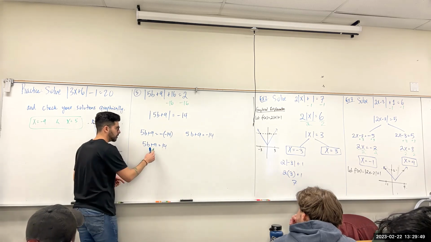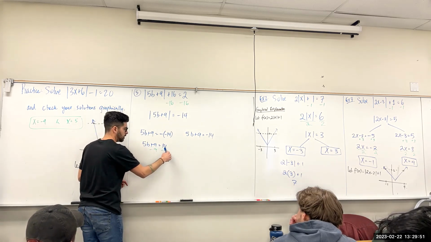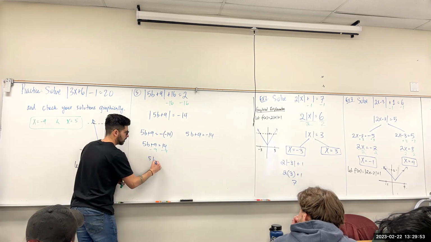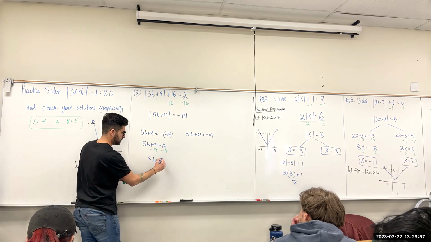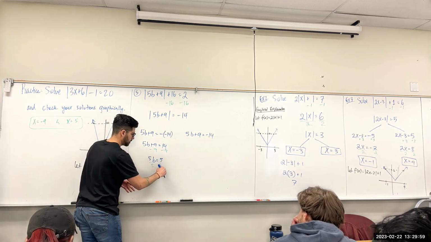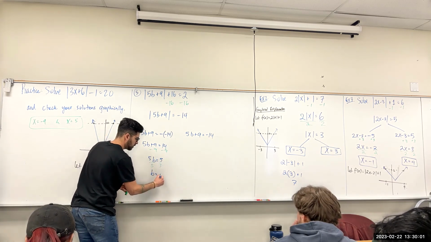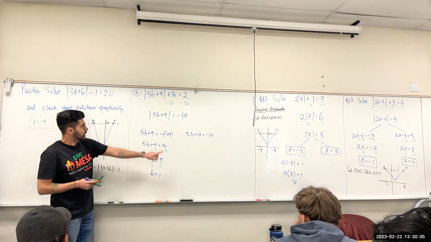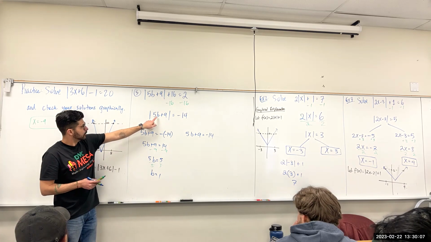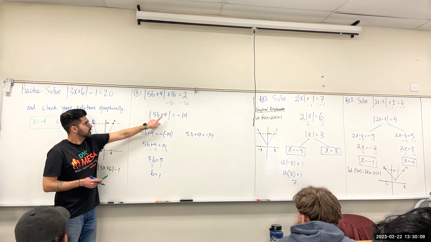Then I saw people solve it. But let's just see what happens. Let's say one of the answers is supposed to be 1. Let's plug in the 1. What's 5 times 1 plus 9?